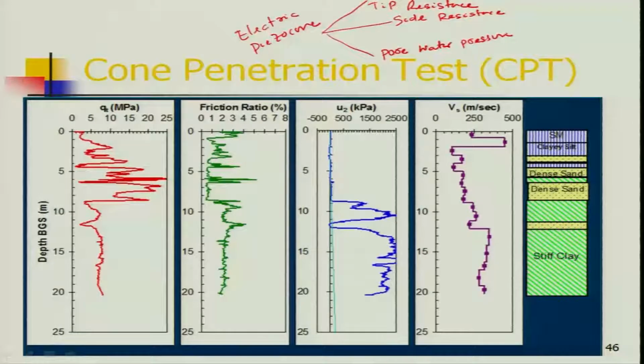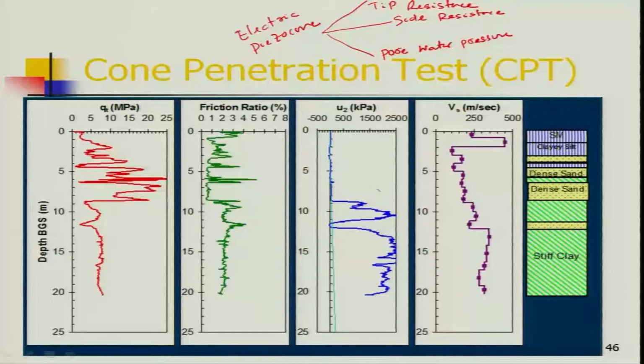Once you get pore water pressure, when excess pore water pressure equals the effective stress, that means the excess pore water pressure ratio reaches 1, at that state we say the soil may lose its strength. So, you can get the liquefaction potential or liquefaction resistance of a soil.